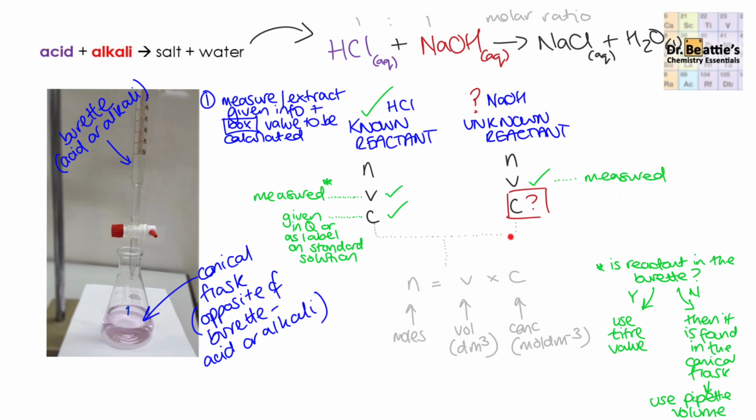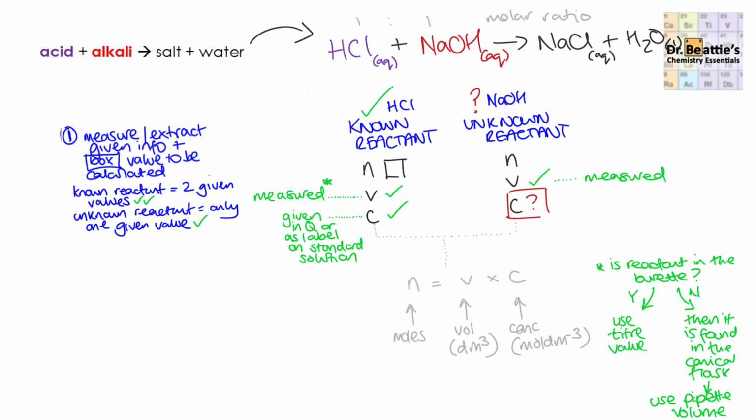Now we can't do this with the unknown reactant, but we can use some information of the HCl, our known reactant here, as we have 2 pieces of information. So with volume and concentration, we can work out the number of moles of the HCl.